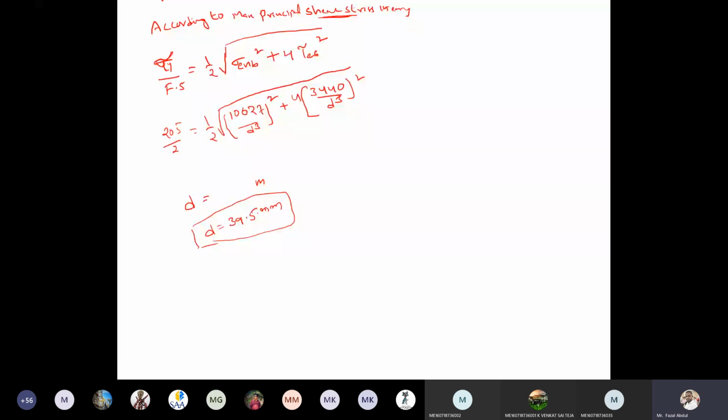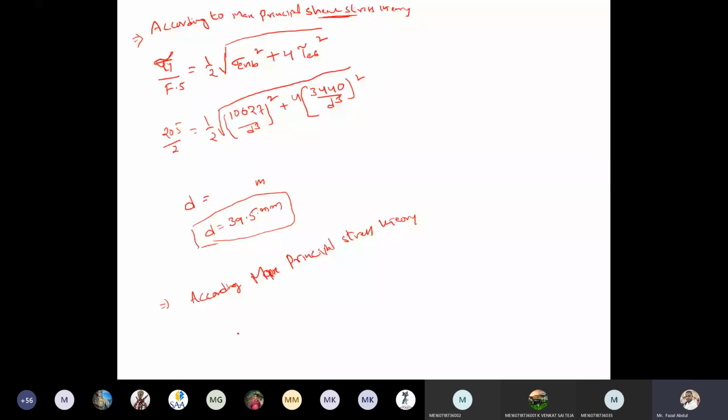My question to all students: calculate with the same equation and the same parameters we calculated, all are the same, but we need to calculate according to the maximum principal stress theory. What is the equation according to this?